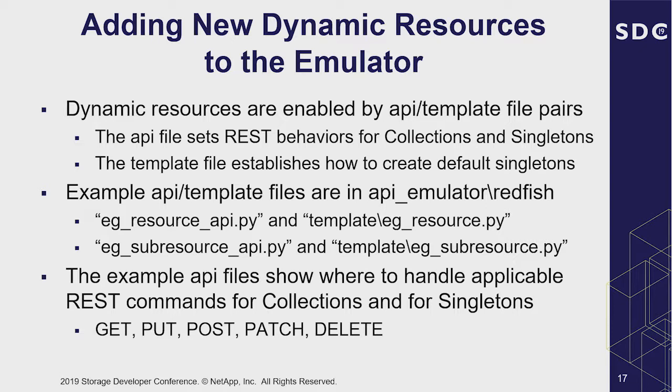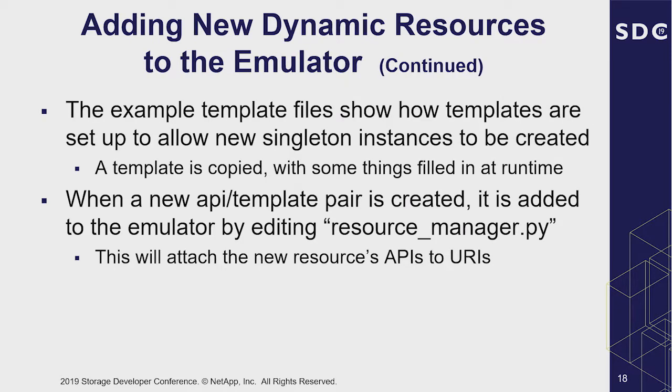The collection behaviors are usually just get, unless it supports the put that's been tricked to create a new dynamic resource. This I have gone over. Oh yeah. Once you've created a new dynamic object, you have to go tell resource_manager.py that you did that, because you have to tell it how to register the URI with Flask RESTful.